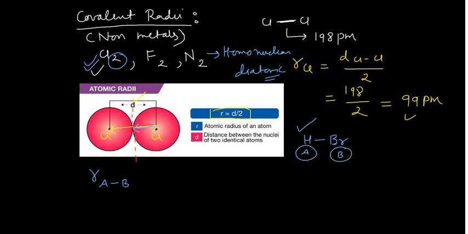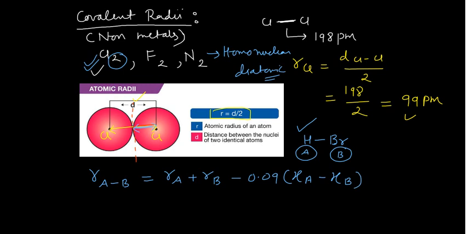For this, you have a formula which was given by some expert. That formula is Ra plus Rb minus 0.09 times chi A minus chi B. This is something very, very important.